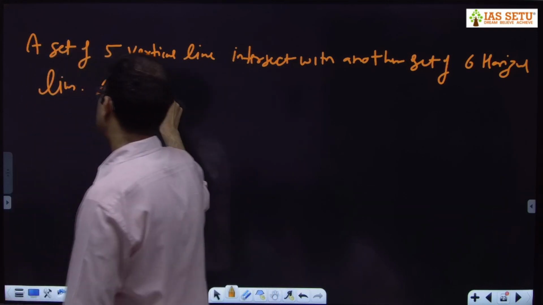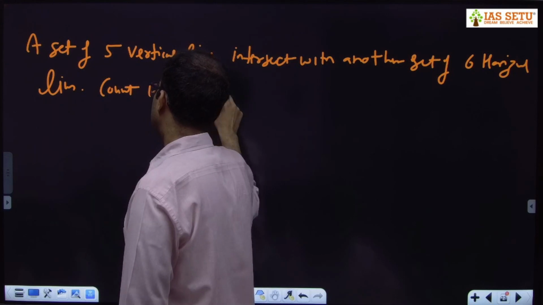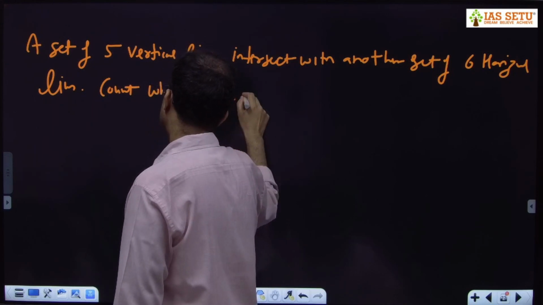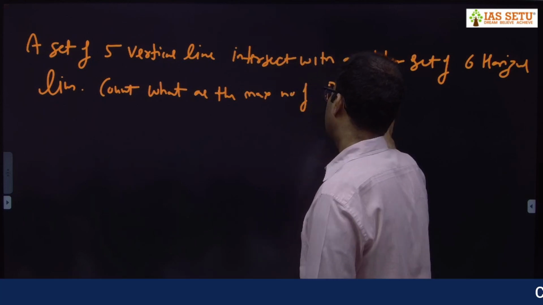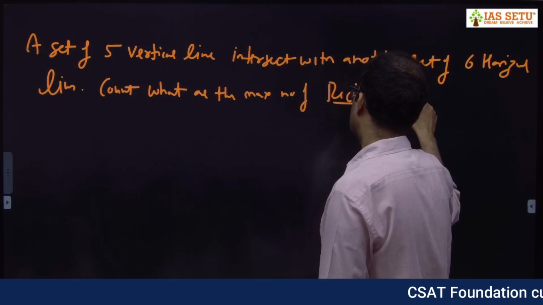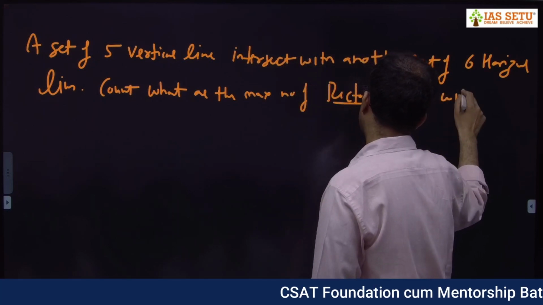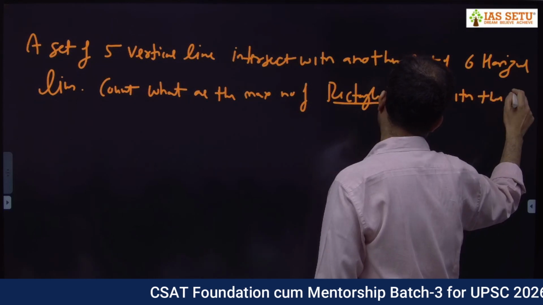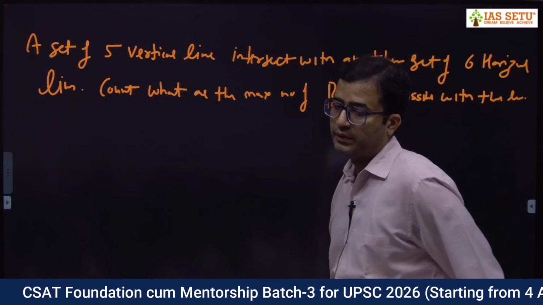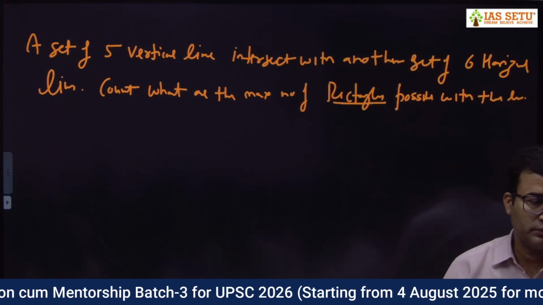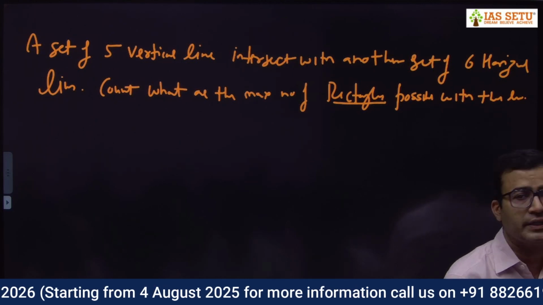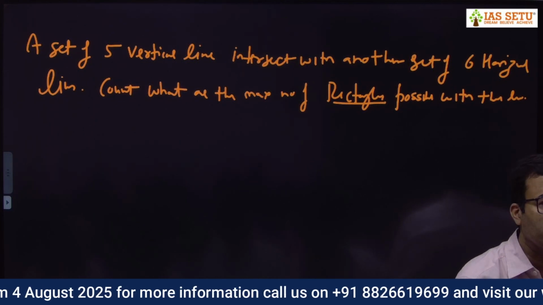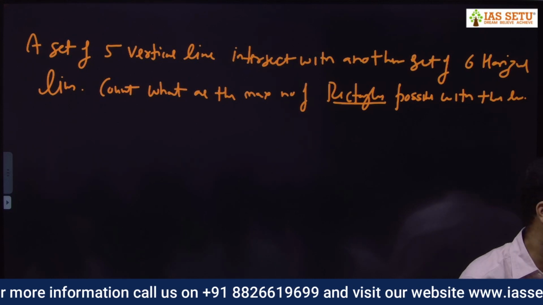Count what is the maximum number of rectangles possible with these lines. 5 vertical and 6 horizontal lines give how many rectangles? That is the question.